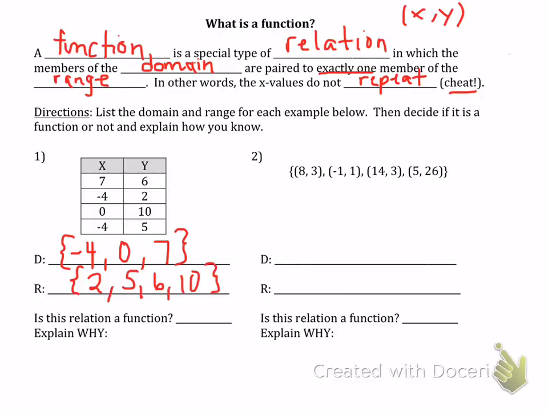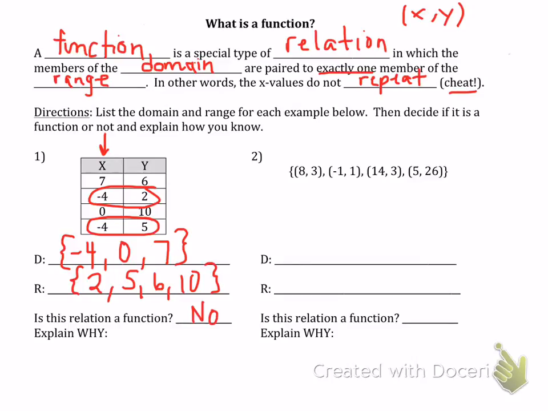And now we can go back and ask the question, is this relation a function? Well, what does it mean to be a function? It means the x values can only be paired one time to one other y value. And if I look at the x values right here in this list, I notice that -4 is mapped to 2, but -4 is also mapped to 5. So that's like a Brad Pitt scenario where there's more than one y value that the -4 is being paired to. So is this a very good functioning relationship? No, it is not.